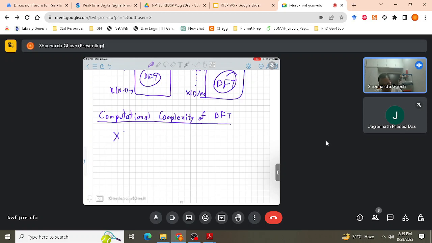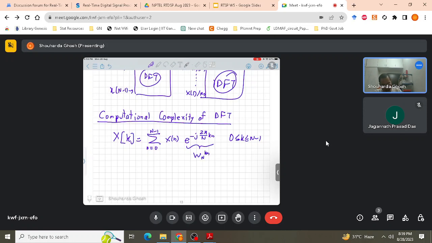So what is this DFT doing? X of k equals summation over n equal to 0 to n minus 1, x of n e to the power minus j 2 pi upon n kn, and here k ranges from 0 to n minus 1. Now let me write this as W n of kn.